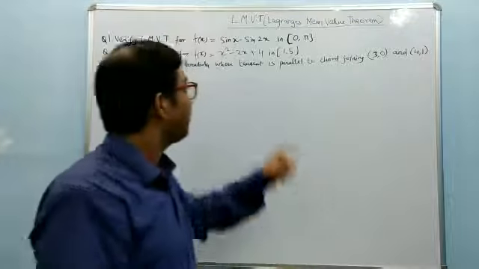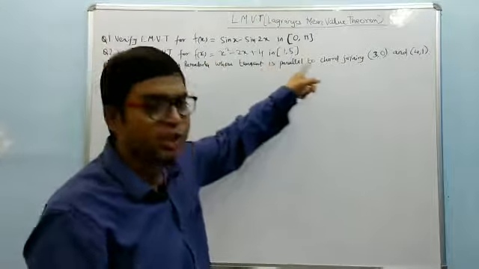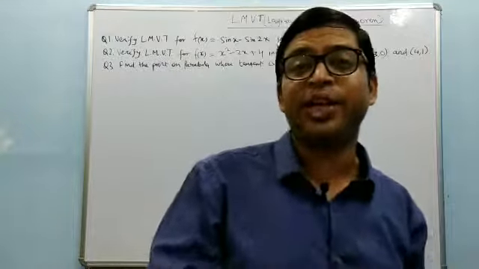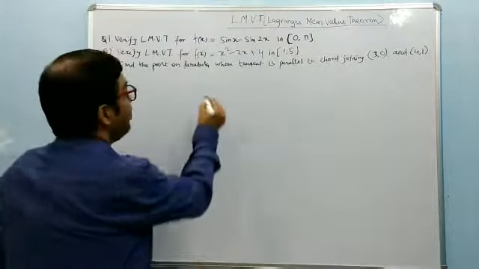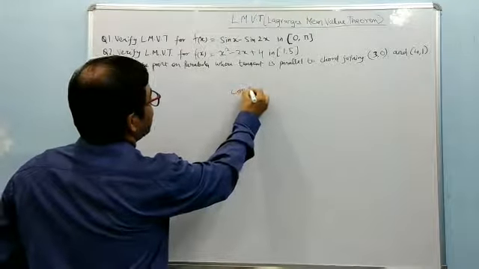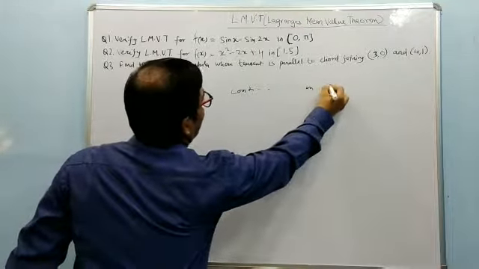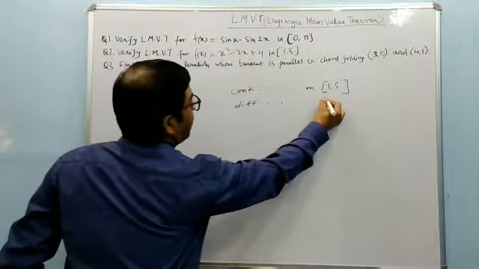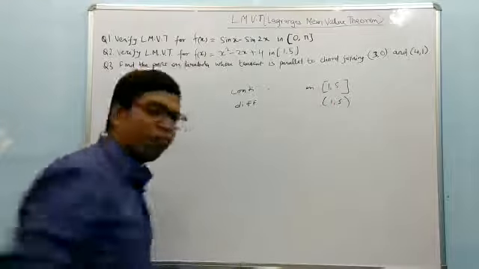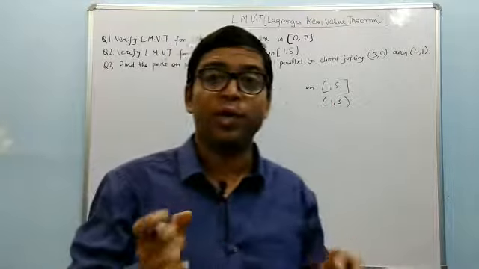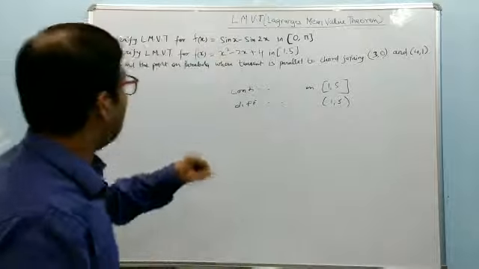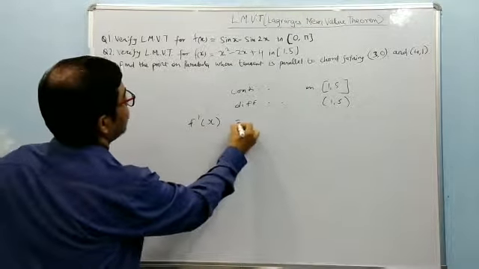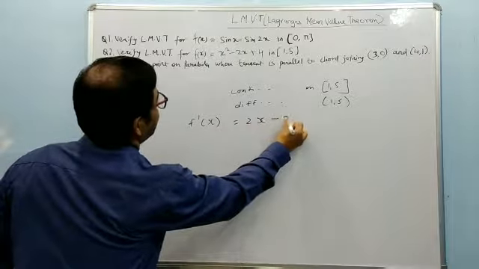So definitely this function is continuous in the closed interval 1, 5 and differentiable in the open interval 1, 5. You need to write that all the time. Don't skip this step. Now f dash x is coming out to be 2x minus 2.